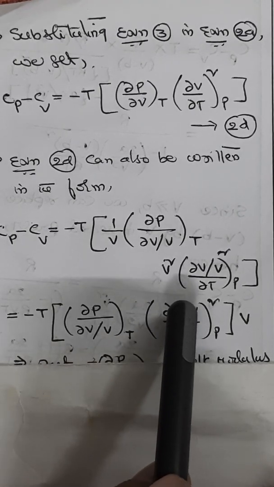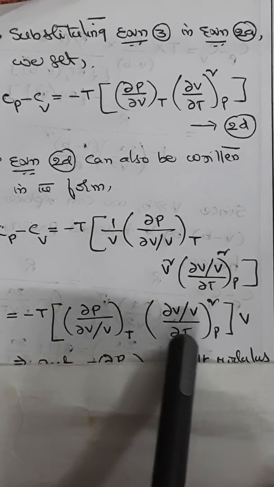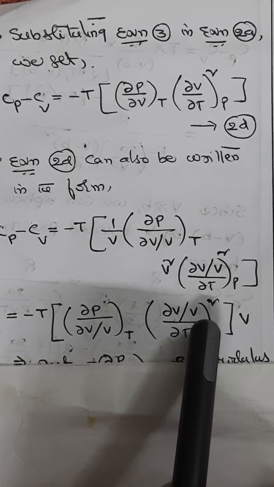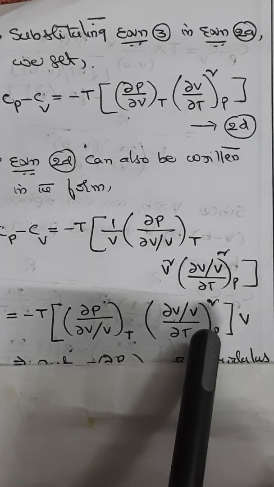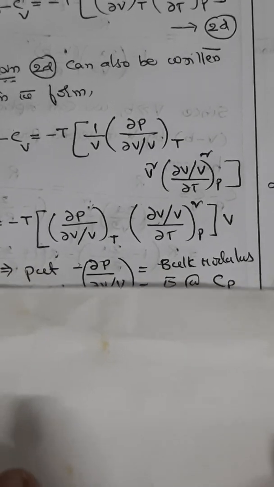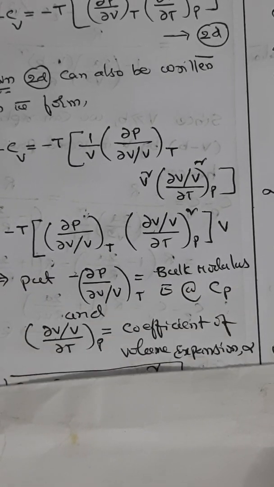Similarly, ∂V by V by ∂T at constant pressure is taken as coefficient of volume expansion. We can further simplify this equation like this.